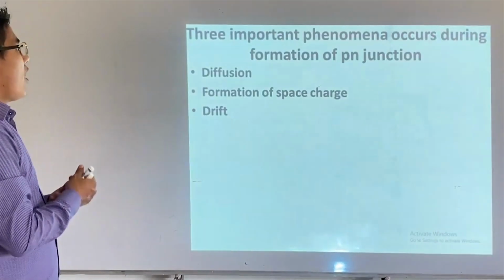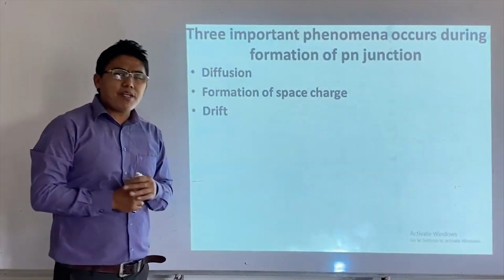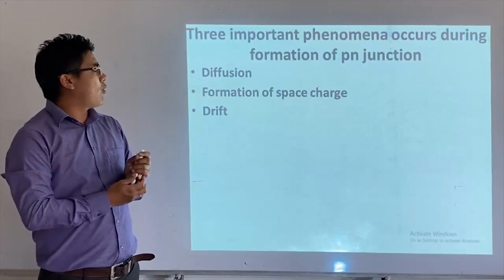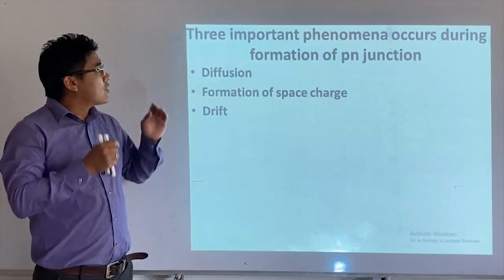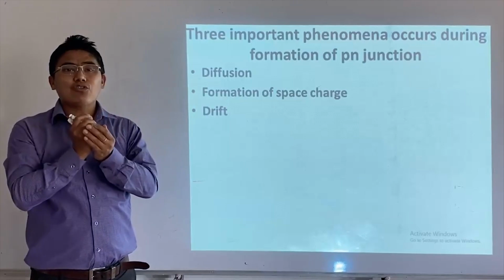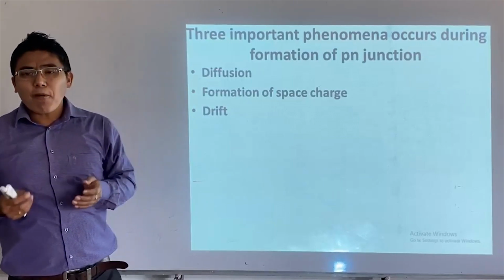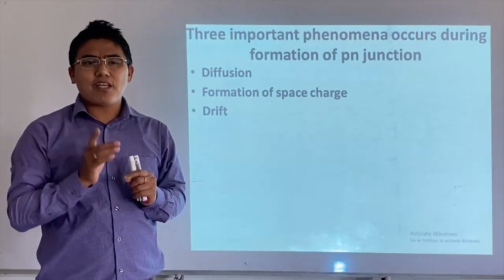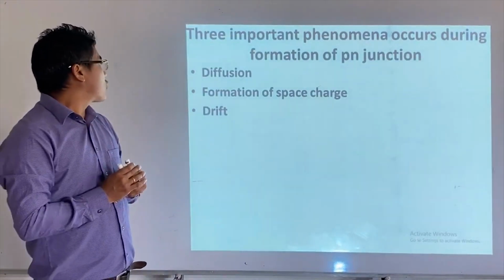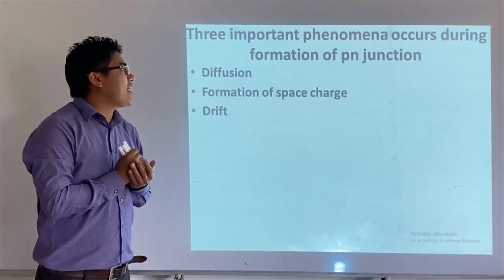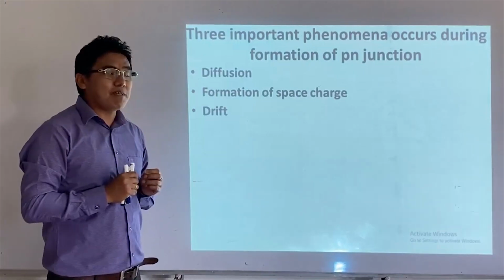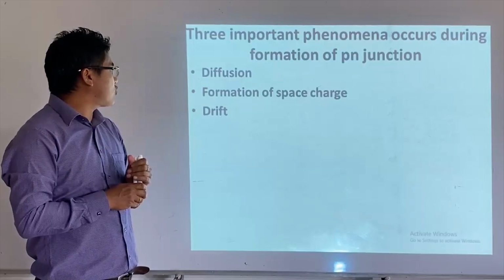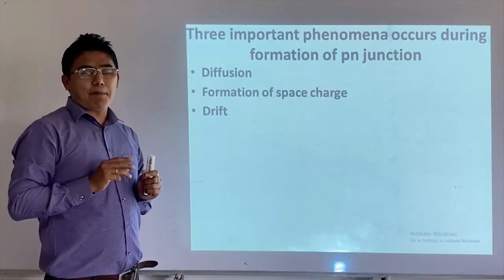Now we would like to discuss one very important concept, which is the formation of a PN junction. What happens if I join a p-type semiconductor and an n-type semiconductor? That you should keep in mind. Three things will take place.